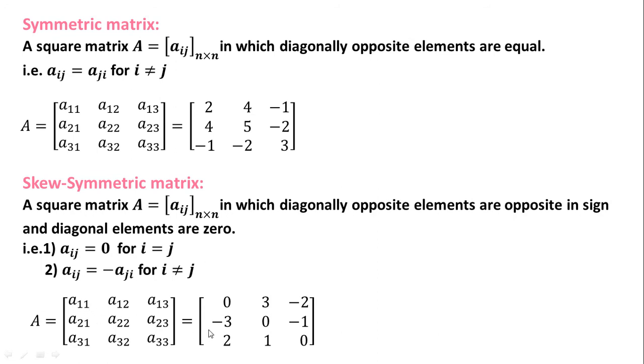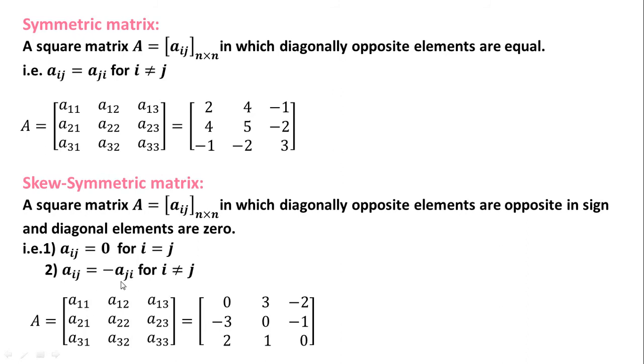Here diagonally it is 0 0 0, and diagonally opposite elements are opposite in sign: A12 is 3, A21 is minus 3. Similarly, A13 is minus 2 and A31 is 2. Similarly, A23 is minus 1 and A32 is 1. So that's why it is written Aij is equal to minus Aji.